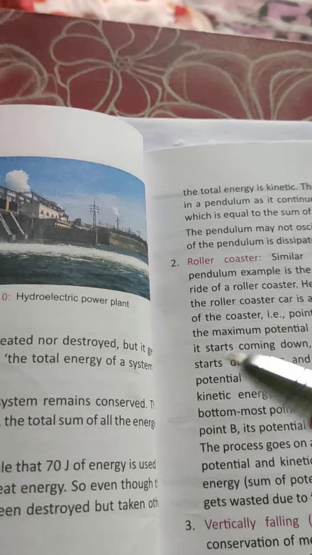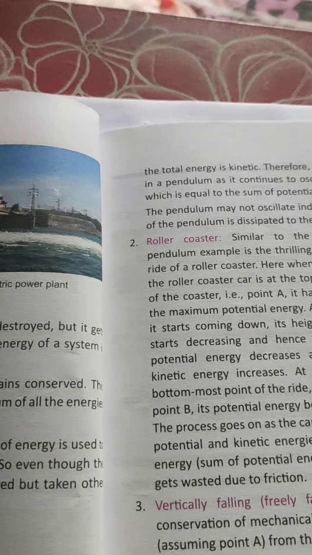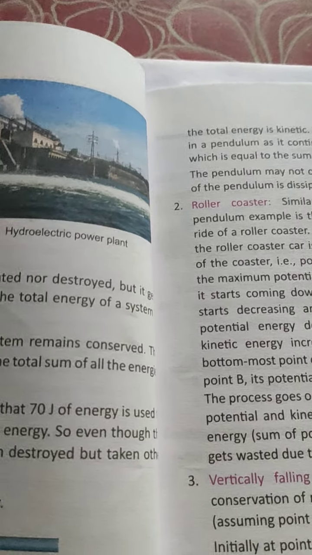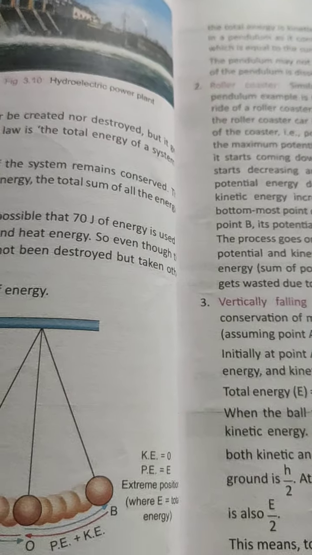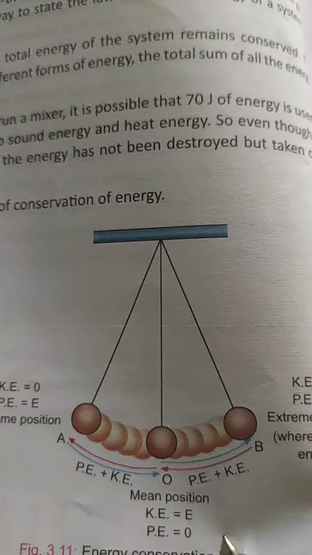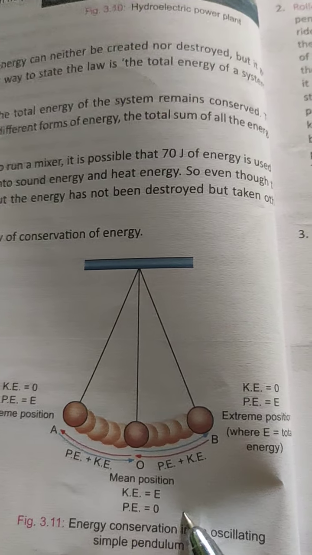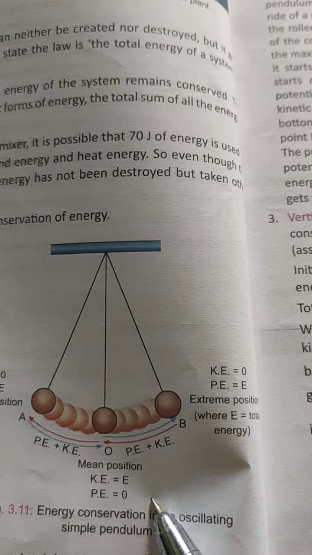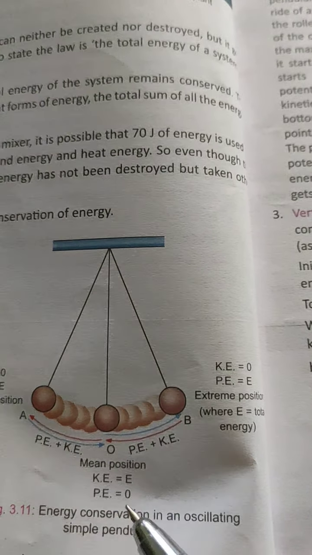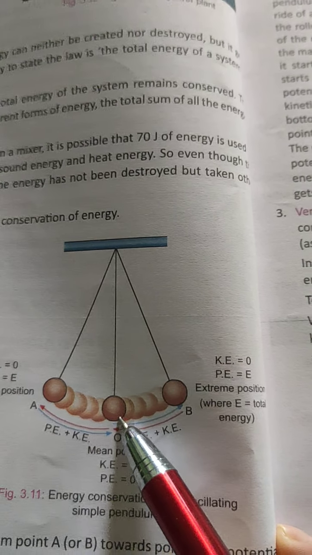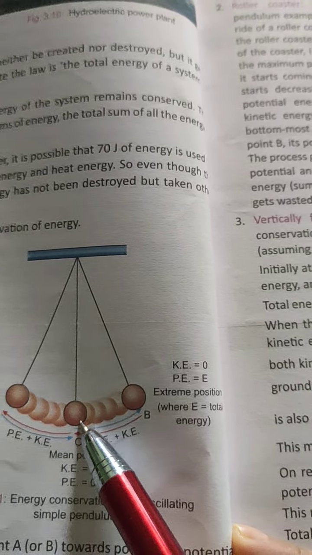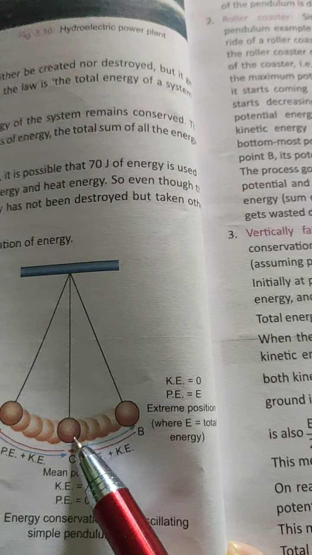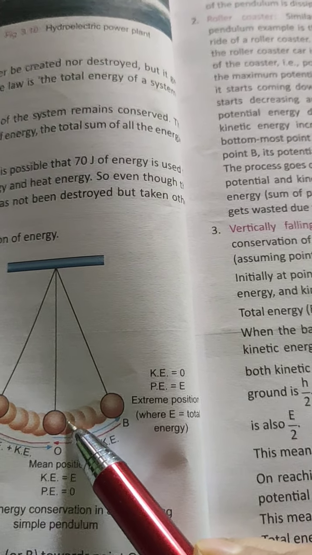Okay. Now let's discuss some examples to understand the law of conservation of energy, which I have already taught in chapter 2, that is the motion of a pendulum. You can see the picture. A simple pendulum consists of a small and heavy mass called the bob. This is called the bob, which is tied to a thread from a rigid support.